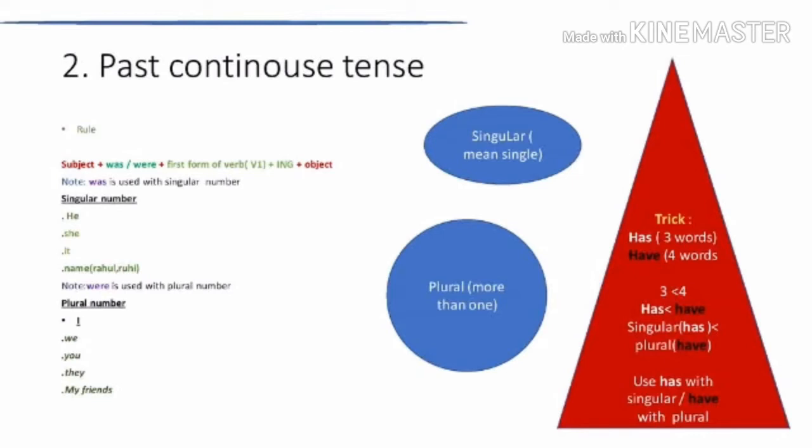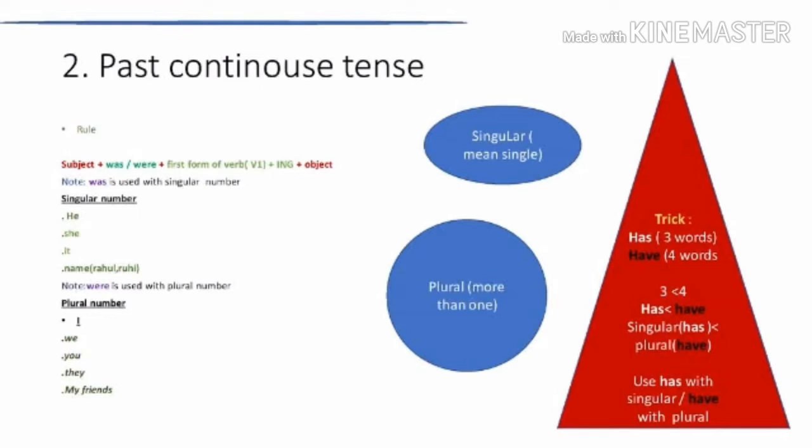Let's take an example. Sita was singing a very beautiful song. What we see here, Sita was singing, but we don't know the time when she finished. Past continuous tense expresses an unfinished or incomplete action in the past.